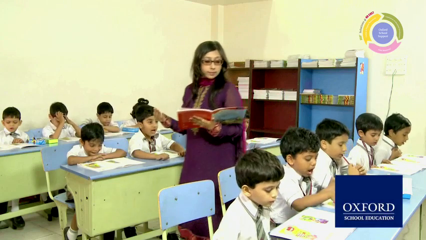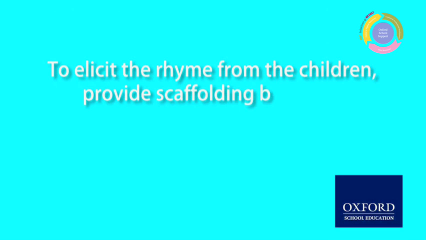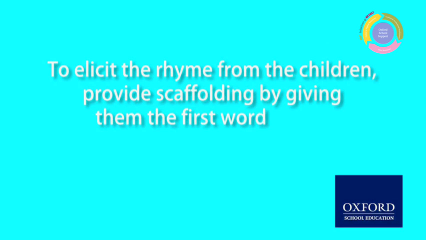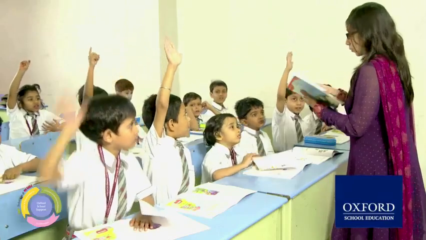There are, of course, sets of questions which accompany the rhyme, but this first stage is very important. When the teacher is trying to elicit the rhyme from the children, she can help them by providing scaffolding, giving them the first word or a few key words and asking the children to respond. So, for example, the teacher might begin 5 little and hope that the children can remember monkeys.